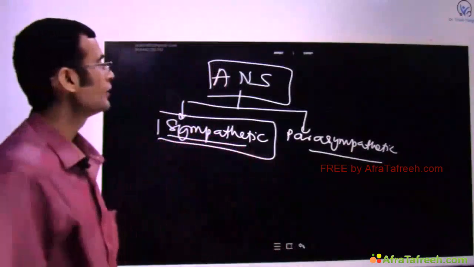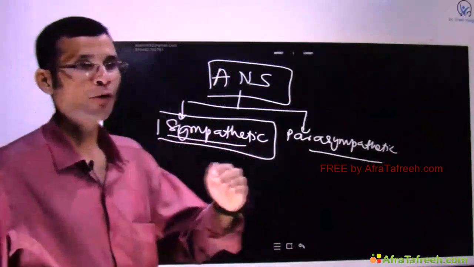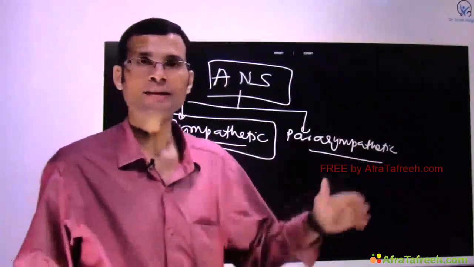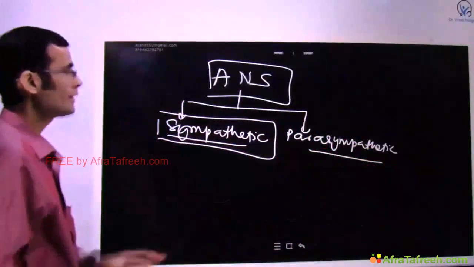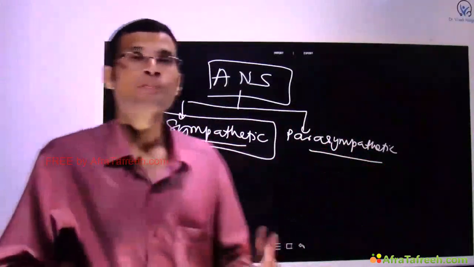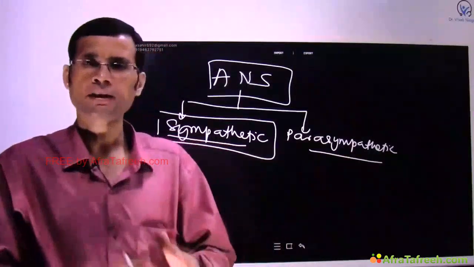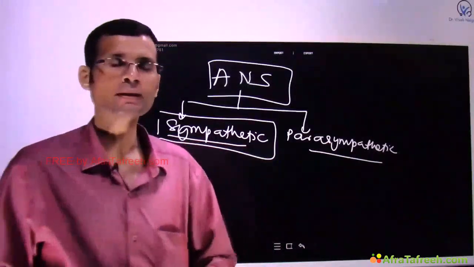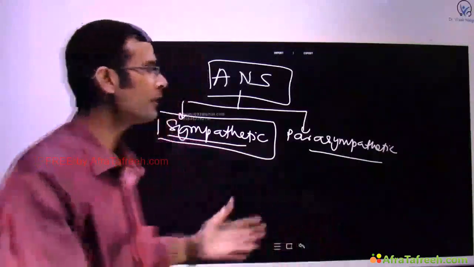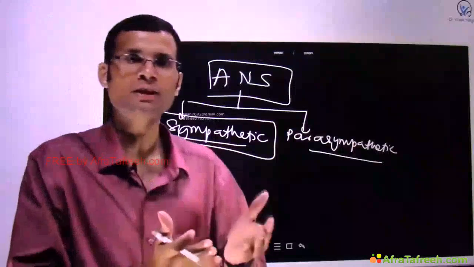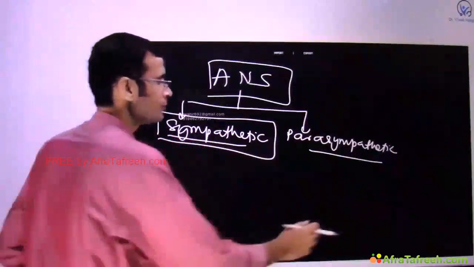So when you perform exercise, it's a physical stress, and heart rate is increased by the sympathetic system. That's a division. Although every organ system is innervated by both sympathetic and parasympathetic, this is their function, and they work in a balancing fashion. They keep on balancing each other, and that's how they function.